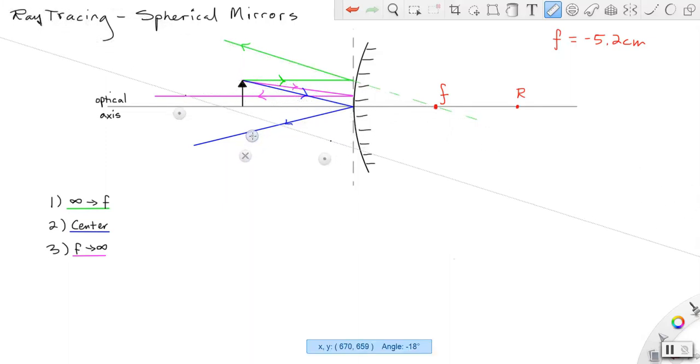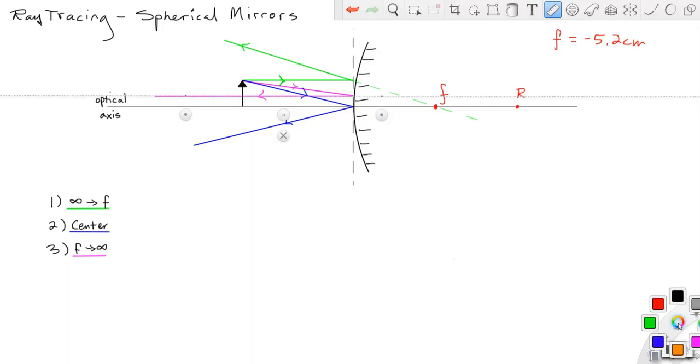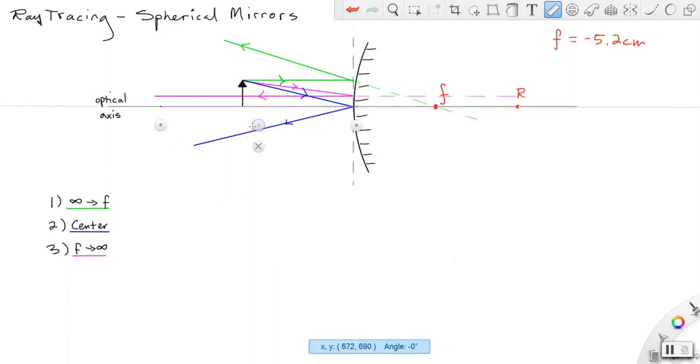We can also trace back our purple to figure out where that appears to be coming from, which is this direction. And we can trace back our blue to figure out where that appears to be coming from.